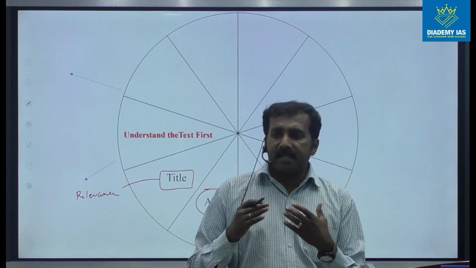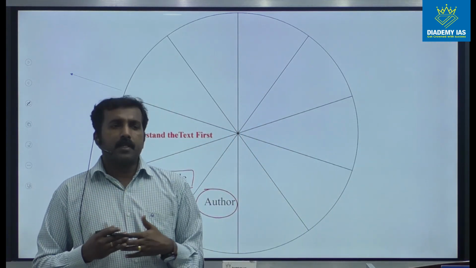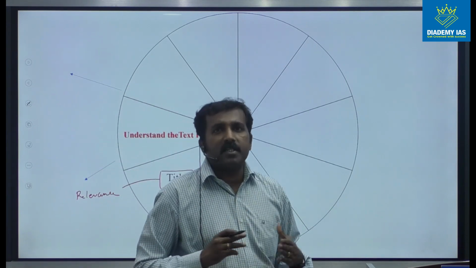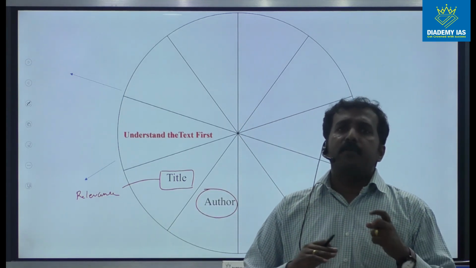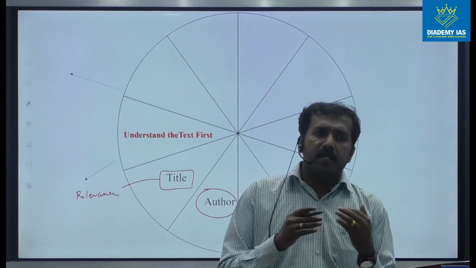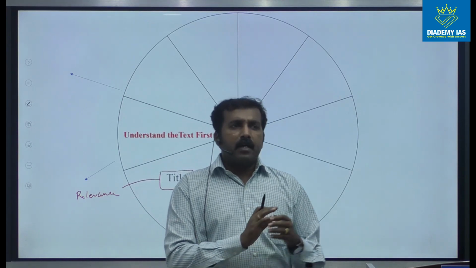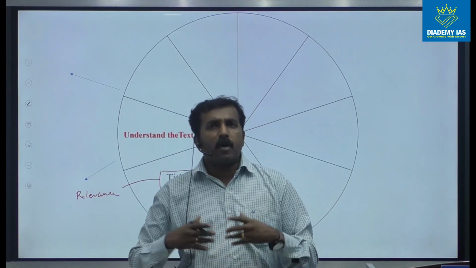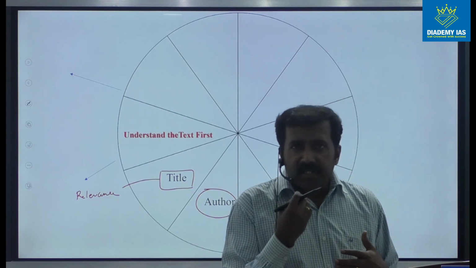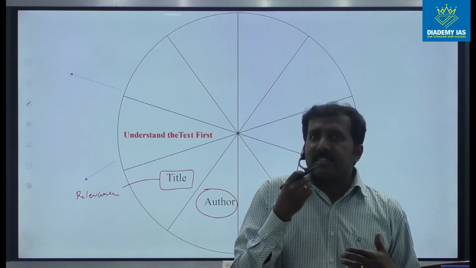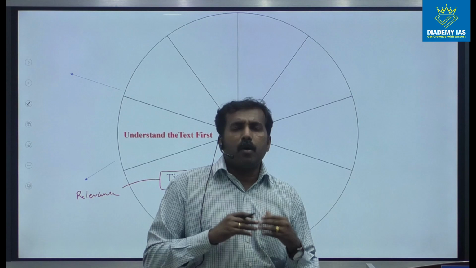For example, if you read a poem by William Wordsworth, you have to understand all about Wordsworth. That means minimum you have to write something about William Wordsworth when you write the mains examination. If the question is based on the philosophy of Wordsworth, or the role of nature in Wordsworth's poems, you can start your answer with an introduction, or you can start with some details about the writer, the author.